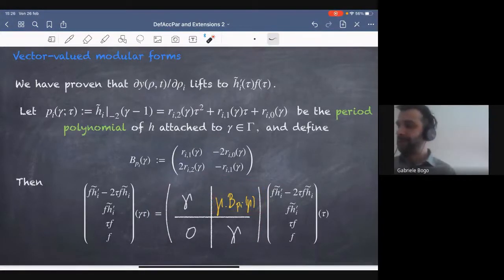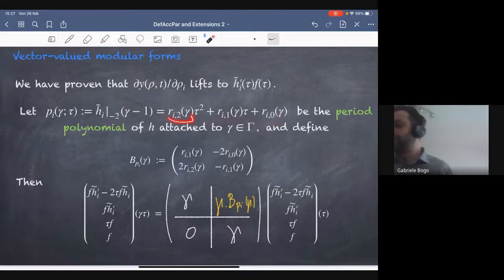If you consider the period polynomial of the Eichler integral, so you take the Eichler integral, as I wrote before, this is not a modular form, but if you take the slash operator in weight -2 with respect to gamma minus 1, you get a polynomial. It's called the period polynomial in certain cases, which in this case, since h is of weight 4, is a polynomial of degree 2.